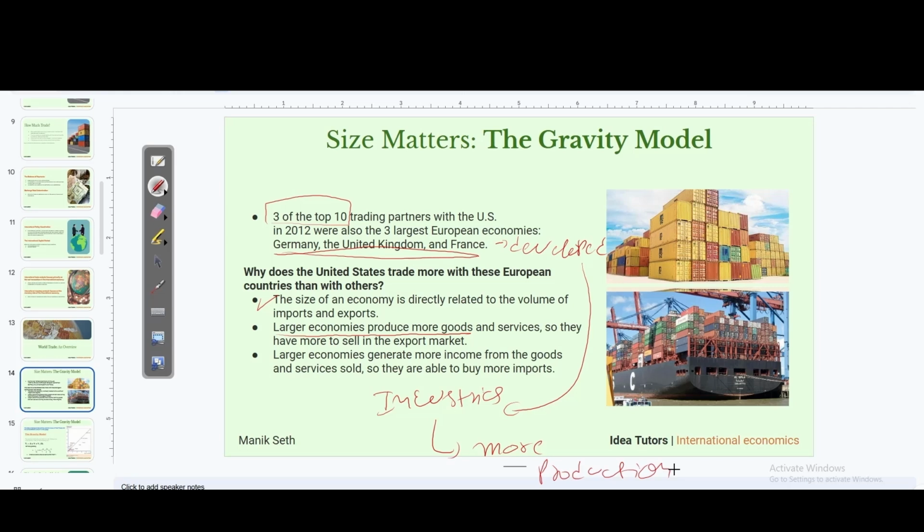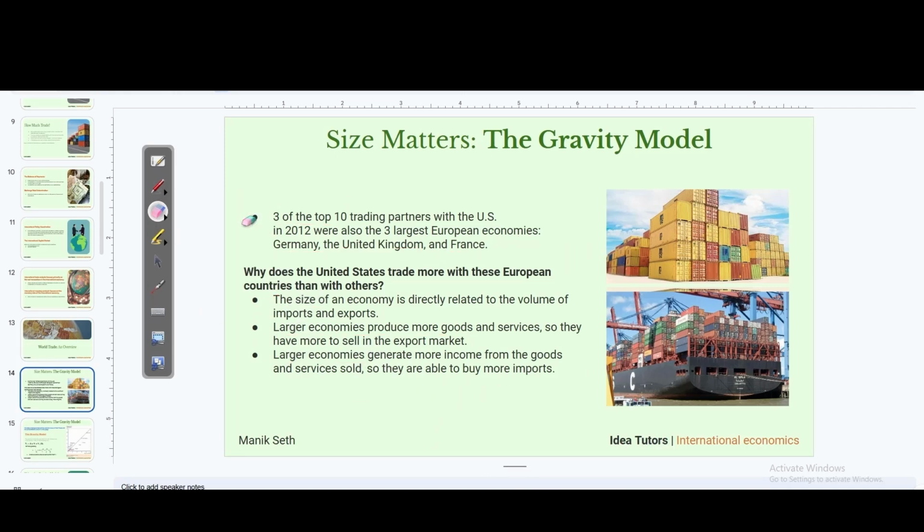If they are producing more, then they have more to export. They have so much production that they are able to fulfill their domestic needs, and then they have some things left for export also. For instance, Germany excels in manufacturing and engineering, particularly automobiles and machinery.